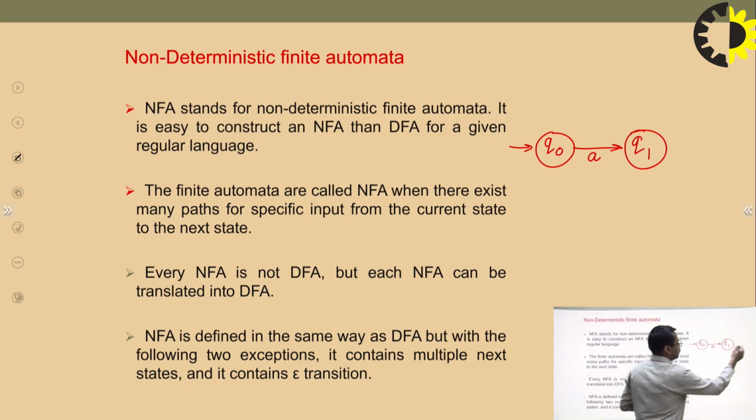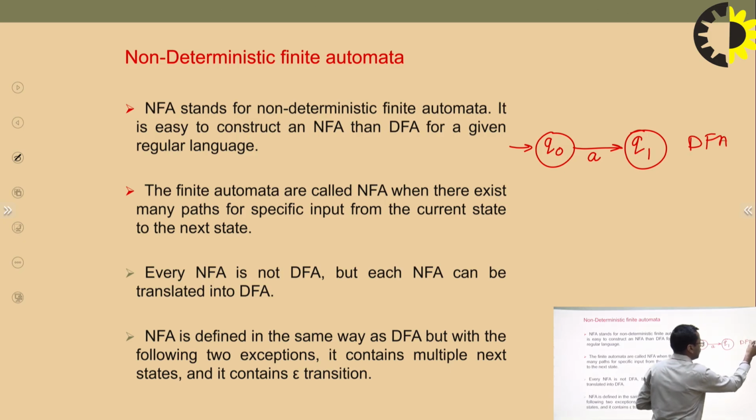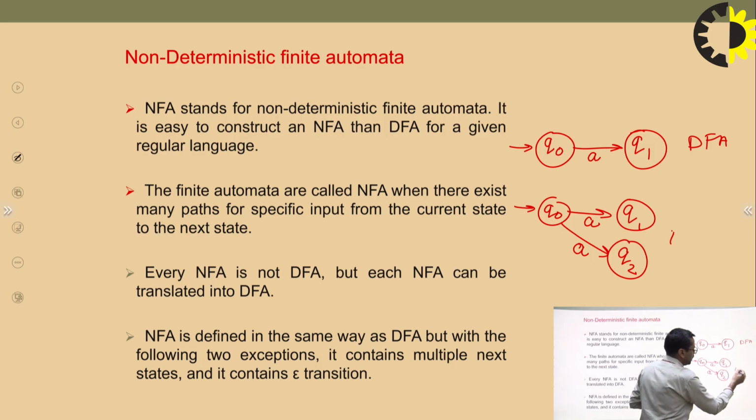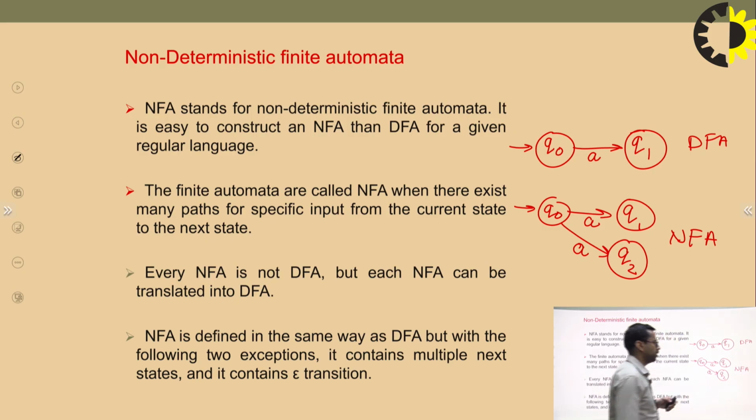But in the case of the NFA, what happens when we apply the input symbol A to the particular state Q naught? Multiple states will be generated. So it is the basic and fundamental difference between DFA and NFA.